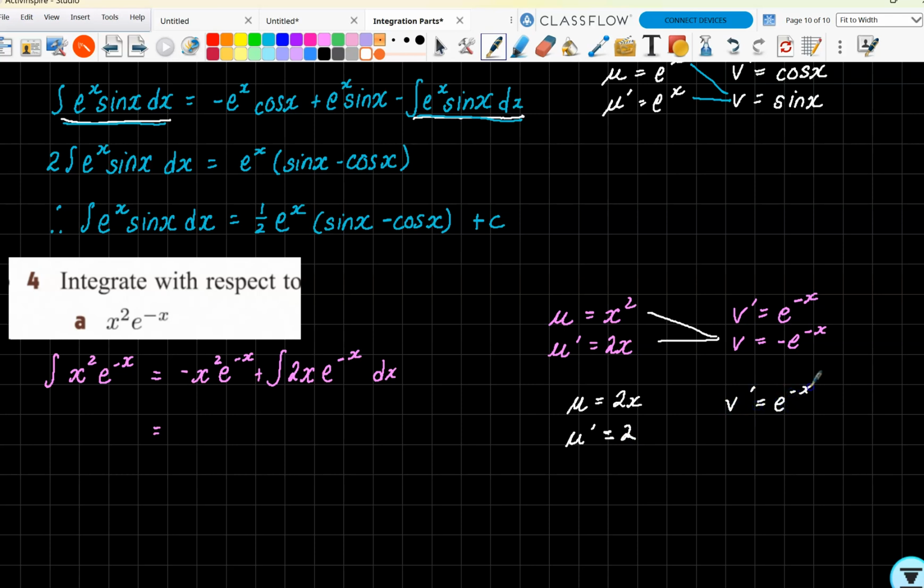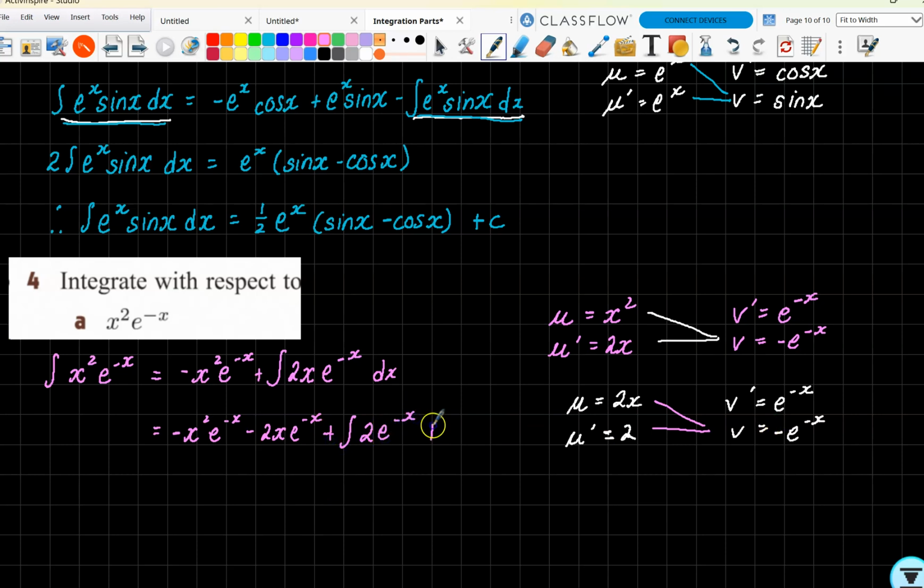So that's e to the minus x. v equals minus e to the minus x, and in we go. So minus x squared e to the minus x. Right, we're going to do the cross multiplying there, so getting a minus 2x e to the minus x minus the integral of 2 times minus, so that becomes a plus.